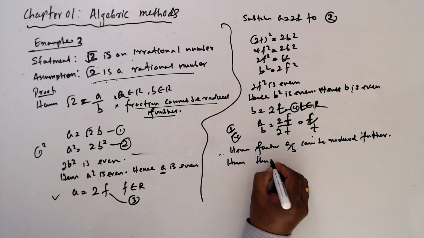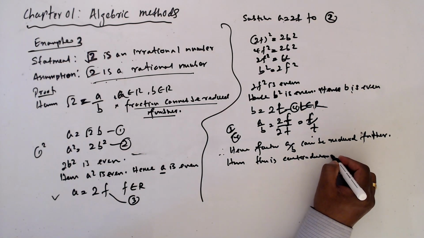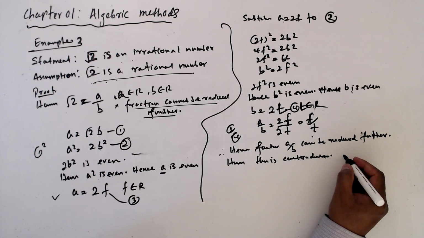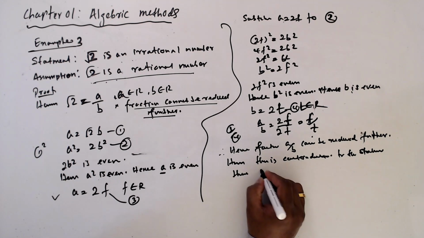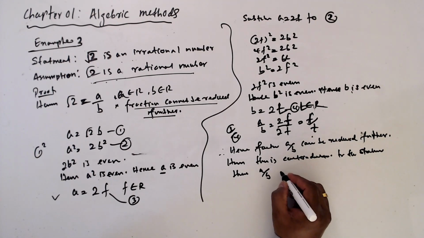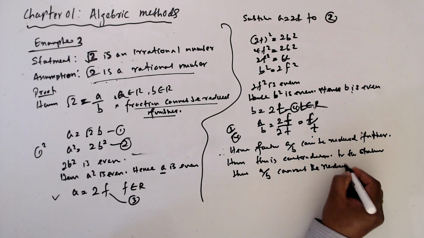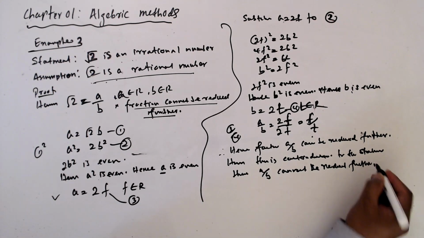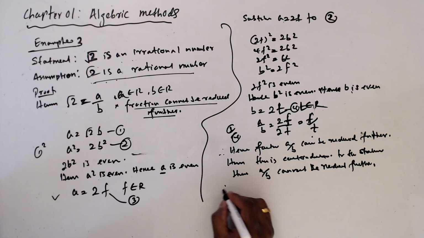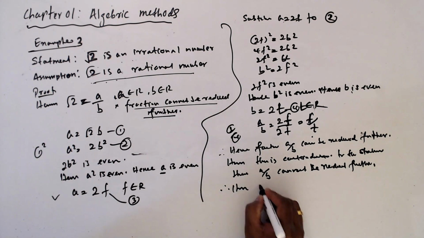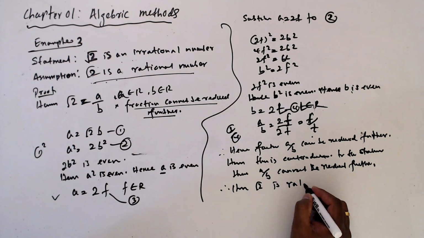Hence this is a contradiction to the statement that a over b cannot be reduced further. Hence, square root 2 is irrational.